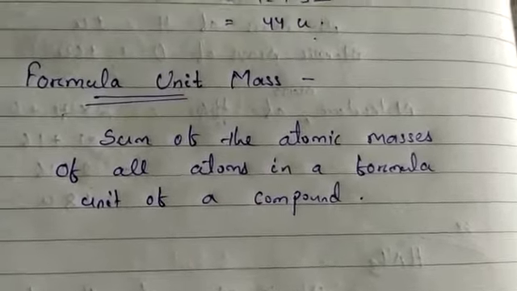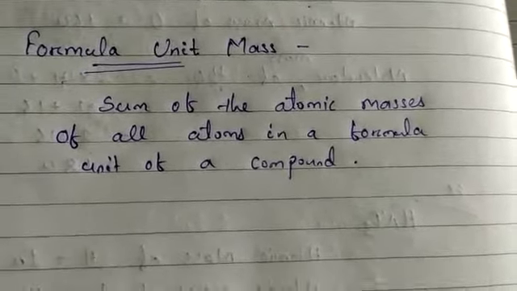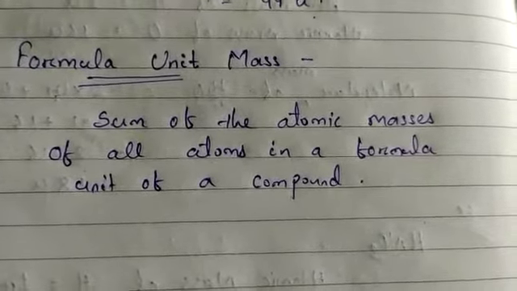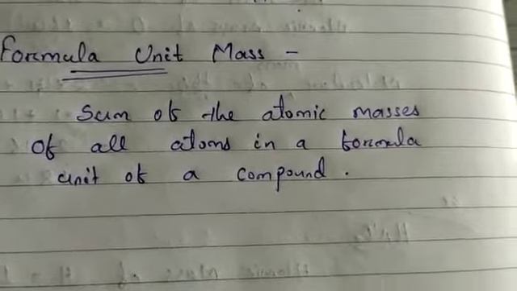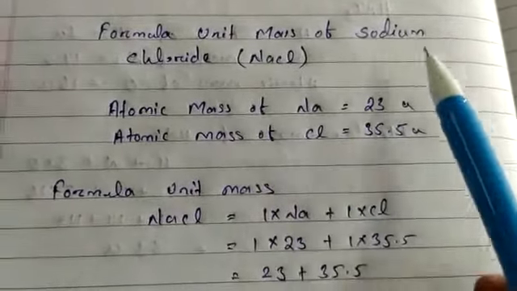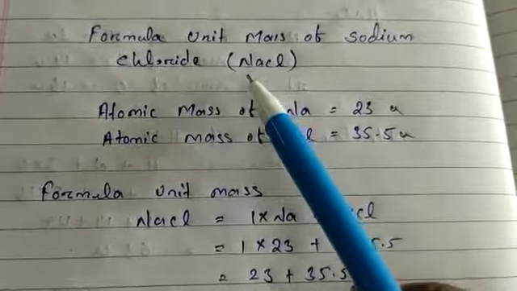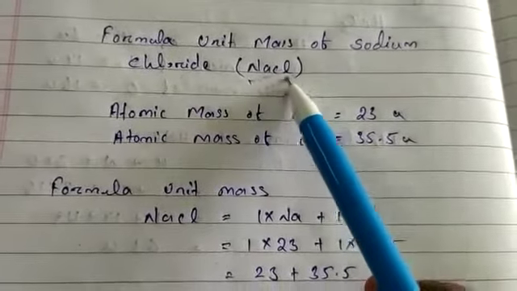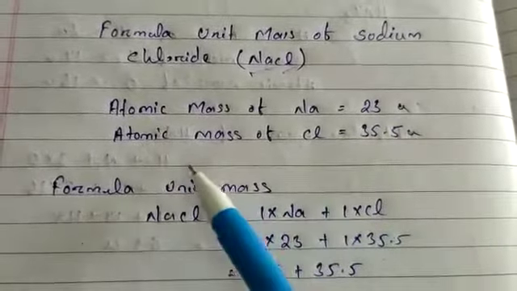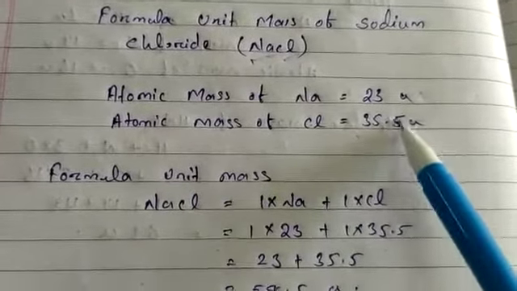For example, NaCl, sodium chloride, consists of one positive ion and one negative ion. So we will find the formula unit mass of sodium chloride, NaCl. For this we need the atomic masses of sodium, Na, and chlorine, Cl. The atomic mass of sodium is 23U and the atomic mass of chlorine is 35.5U.